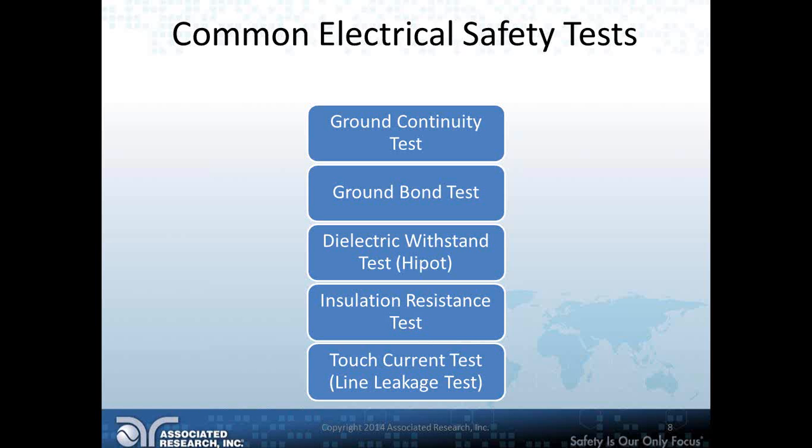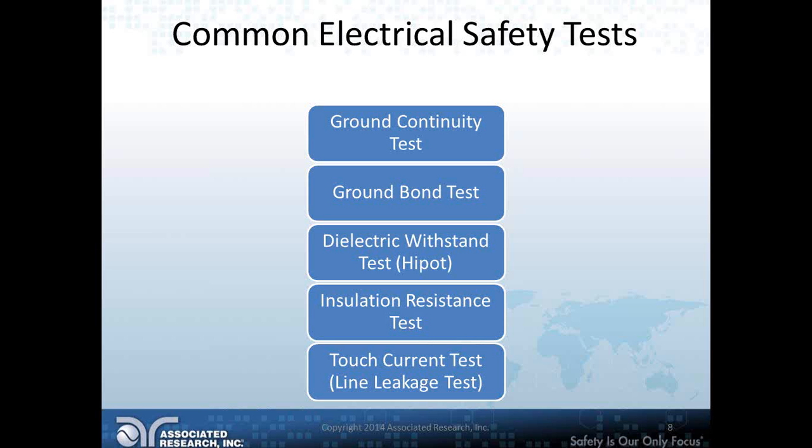The reason I wanted to review real quick some of these tests is because, for example, the dielectric withstand test also stresses the insulation in the same fashion as the insulation resistance test. But again, this test, the Hipot test, is looking for leakage current or breakdown of the insulation.